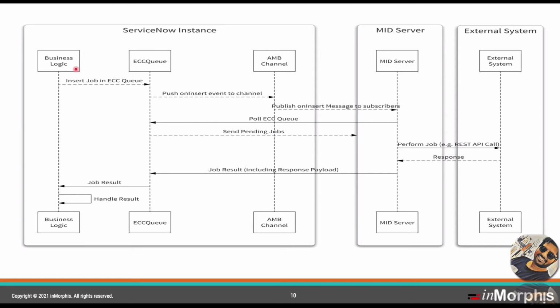To call it via the mid server, we have our own way of calling it. As soon as I call it, a job is inserted in the ECC queue. We talked about the ECC queue DB listener on insert and on update. It will push an on-insert event to this AMB channel.